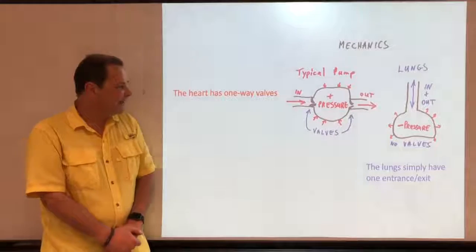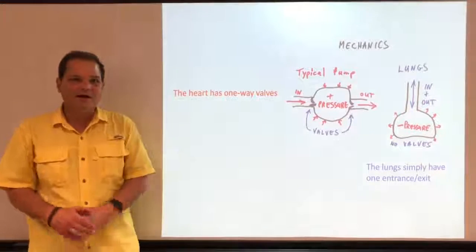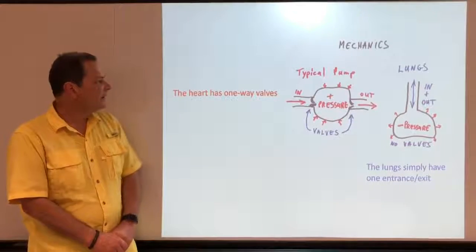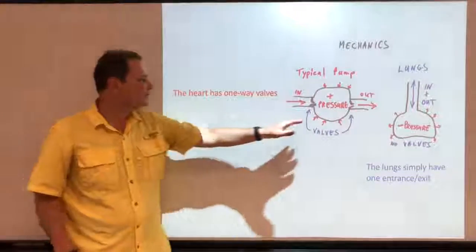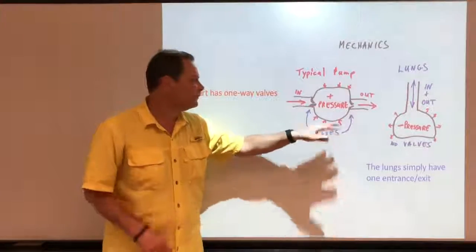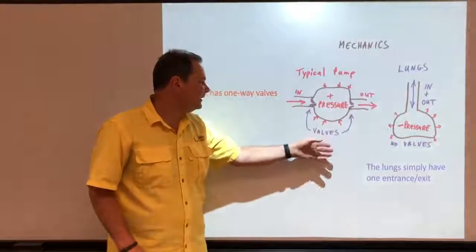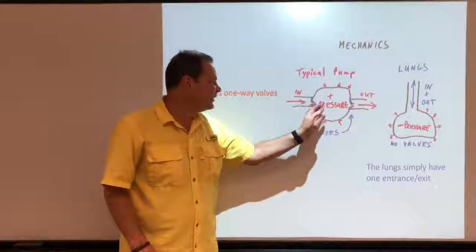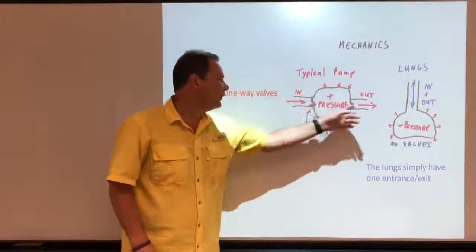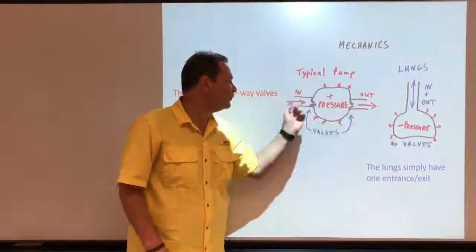So I said, in terms of the mechanics, that the lung is a pump, and it basically is. But it's different from the heart, so this would be kind of like a functional representation of how the heart works. The blood flows in, the heart contracts, it increases the pressure, and the blood flows out, and these one-way valves keep everything moving in one direction.